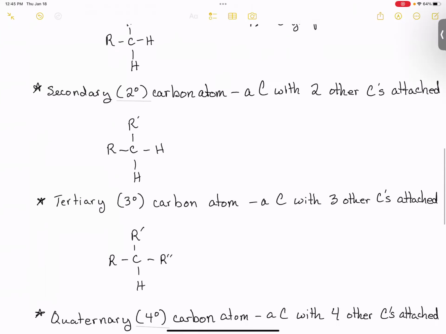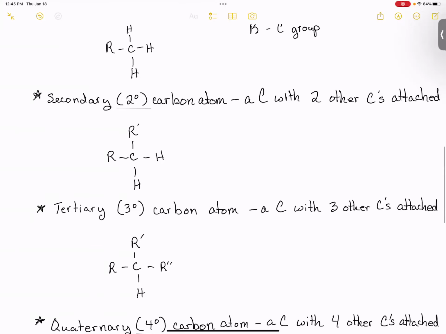A tertiary carbon atom is a carbon atom that has 3 carbons attached to it. Notice that we've distinguished the different carbon groups as R, R prime, and R double prime. Once you get to a tertiary carbon atom, the reactivity significantly decreases because you start getting what is called steric hindrance, which I'll define here in a moment.